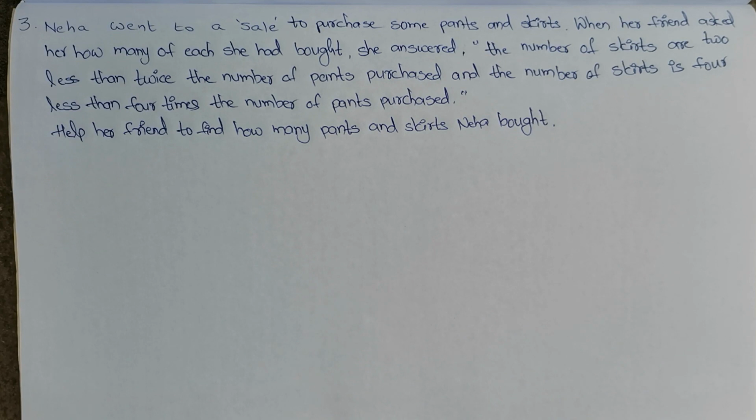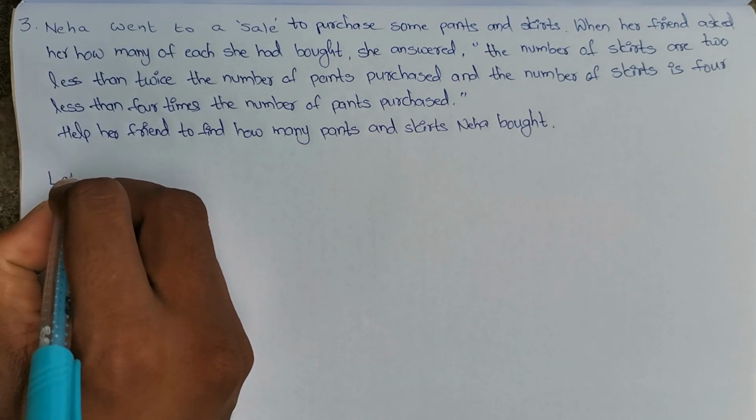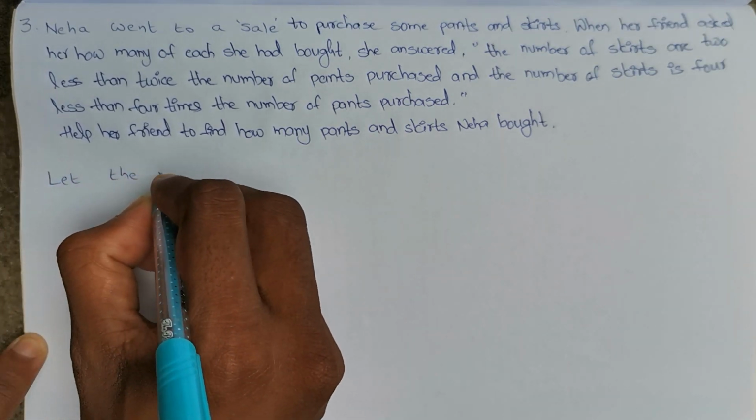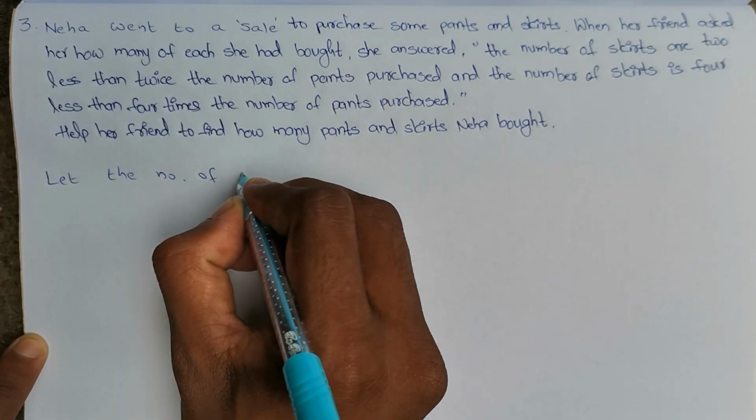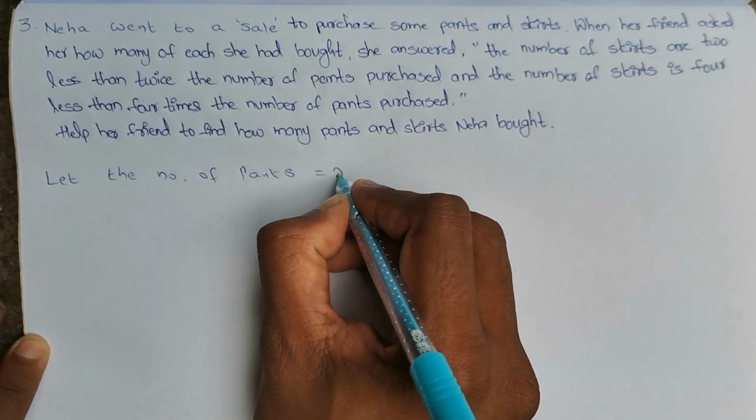In this, only 2 unknowns are there. One is related to pants and one is related to skirts, and we need to find how many pants and how many skirts there are. So let the number of pants be x.